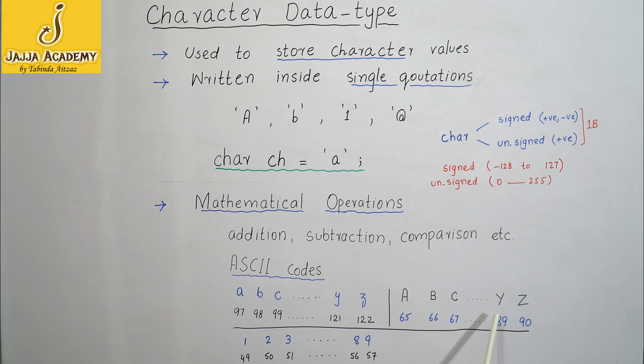Capital Y's ASCII code is 89 and Z's is 90. Similarly, the ASCII code of 1 is 49, 49 plus 1, 50, which is the ASCII code of 2, 51 is the ASCII code of 3, and so on. So the digits from 1 to 9 start from 49 and end at 57. And these ASCII codes are used at the time of arithmetic operations.